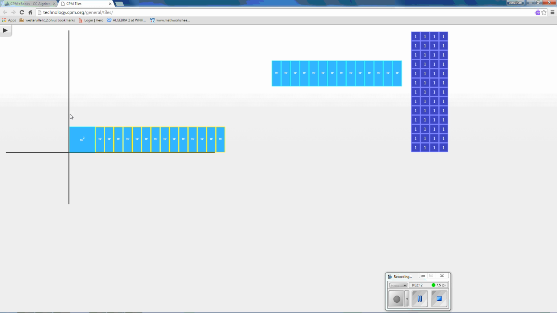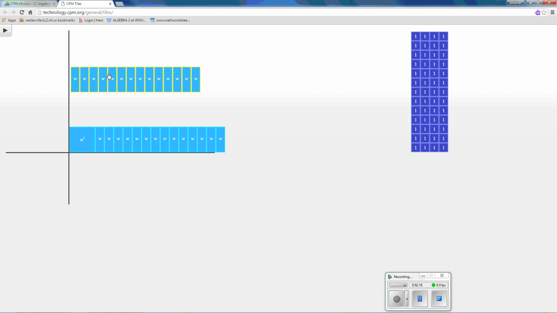So I've got those ones on this side, and let's see if I can take these ones, and I think there's a way to, yeah, we've got to move all these ones over here. Would have been nice if they would have done it all at once, but we'll work with it here.